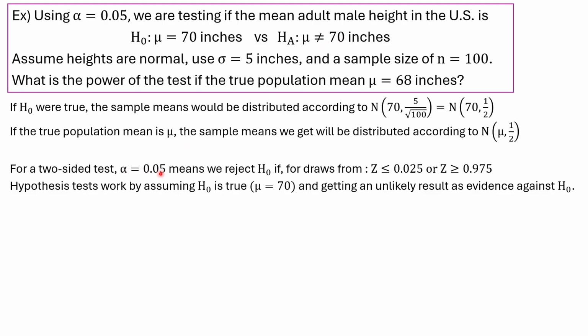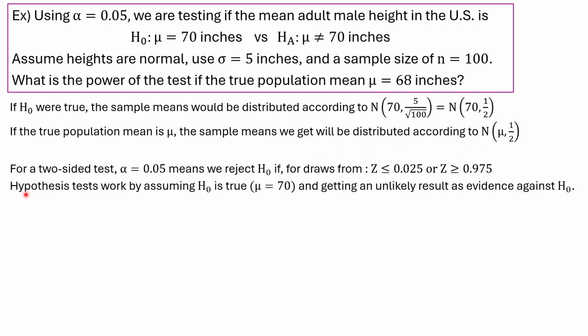Alpha of 0.05 means we reject the null hypothesis if, for draws from z, z is less than or equal to the 0.025 quantile or larger than or equal to the 0.975 quantile. So we'll be rejecting 2.5% of the area on the lower end and the higher end.